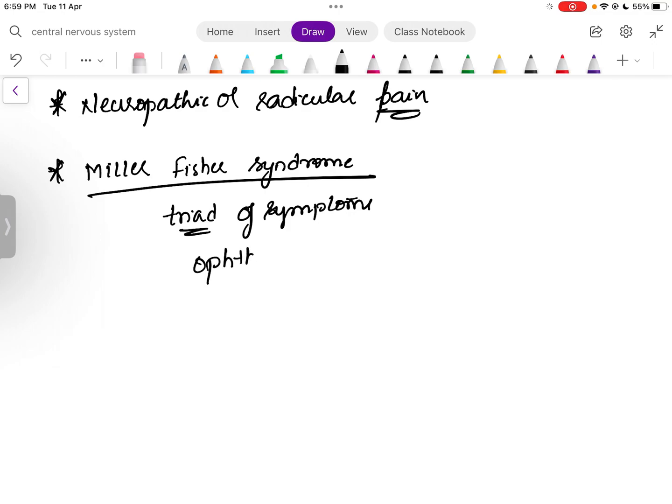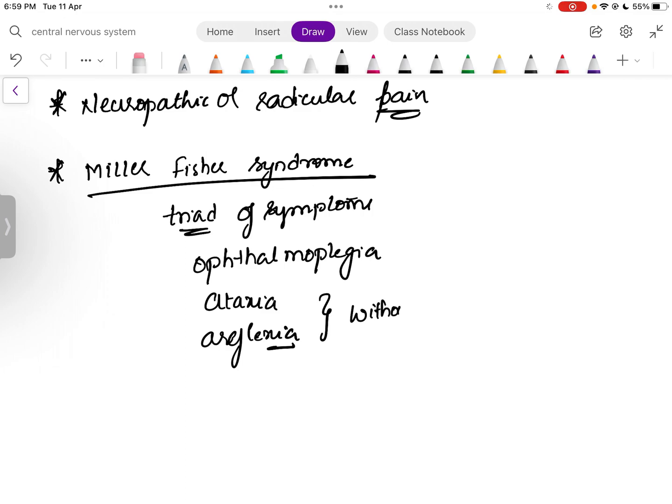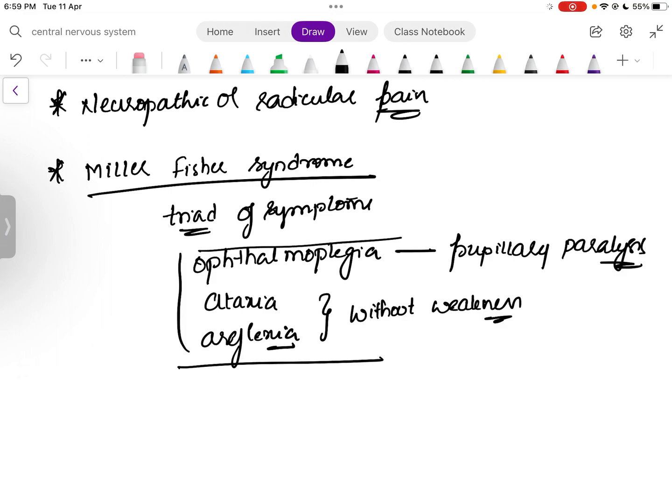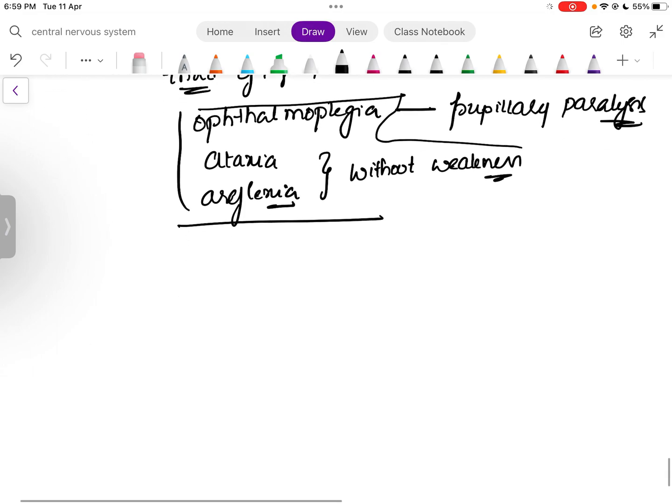That is ophthalmoplegia, ataxia, areflexia. And this ataxia and areflexia can be without weakness also. And in ophthalmoplegia, there will be pupillary paralysis. So these are the three clinical features which are seen in Miller-Fisher syndrome.